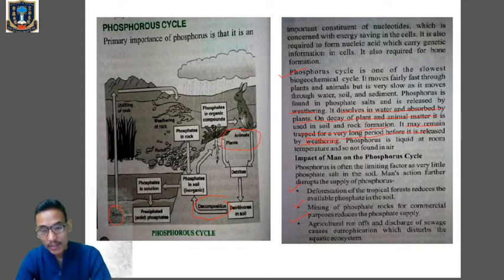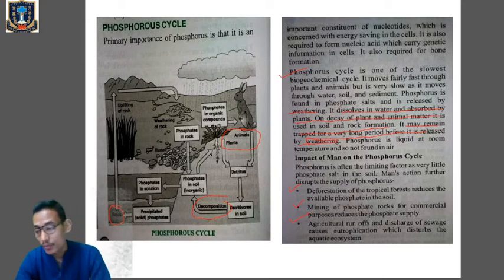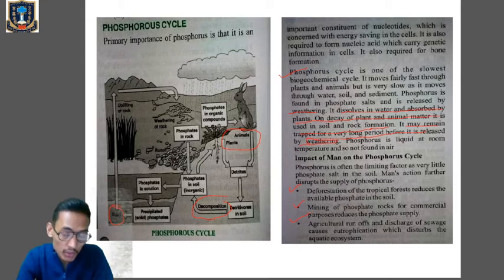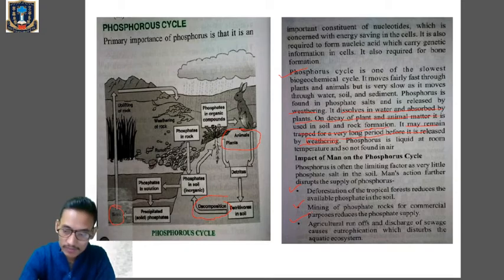Okay, and that eutrophication is simply caused due to the enrichment of the water body by nutrients. Clear? So whenever there are agricultural runoffs, the fertilizer that we use in the agricultural fields will be washed away to the nearer water body, which leads to eutrophication. And this eutrophication will disrupt the aquatic ecosystems, right, leading to the death of the aquatic plants and animals.